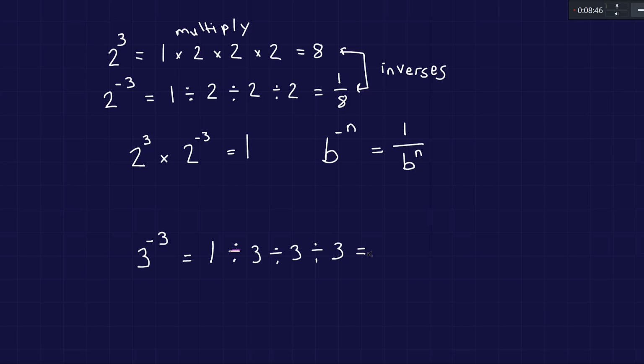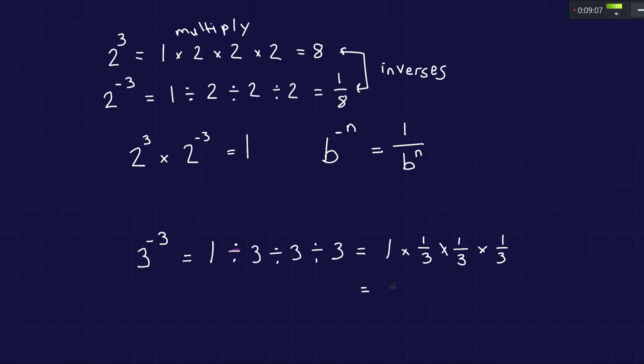Dividing by a number is the same thing as multiplying by the inverse. So that just means I have 1 times 1/3 times 1/3 times 1/3.